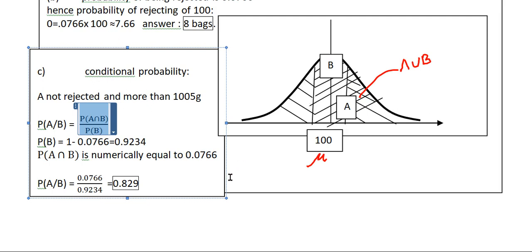This is why I don't calculate this probability, I just use my previous result. So the intersection of A and B is numerically equal to our previous probability. So we divide the intersection by the probability of event B, and we get this value.